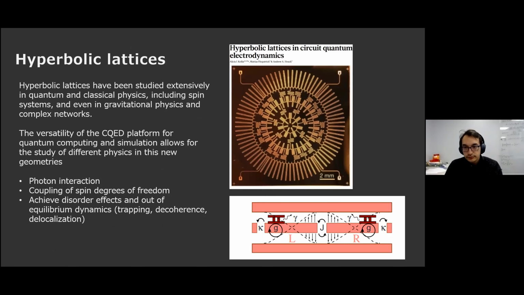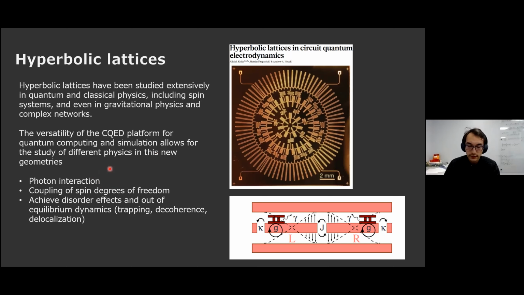Okay, a small slide on the importance of hyperbolic lattices in circuit quantum electrodynamics. This is a very nice framework to do these types of analysis, because these circuit QED systems are very versatile.